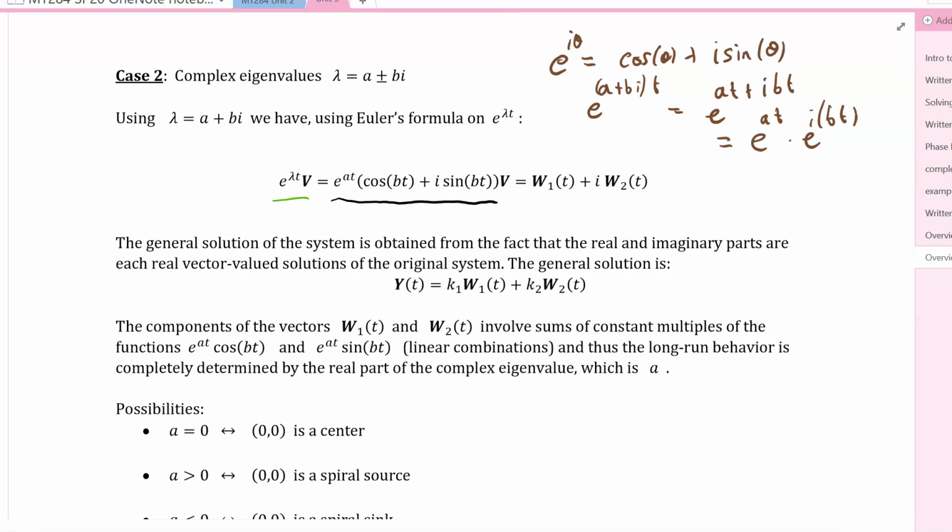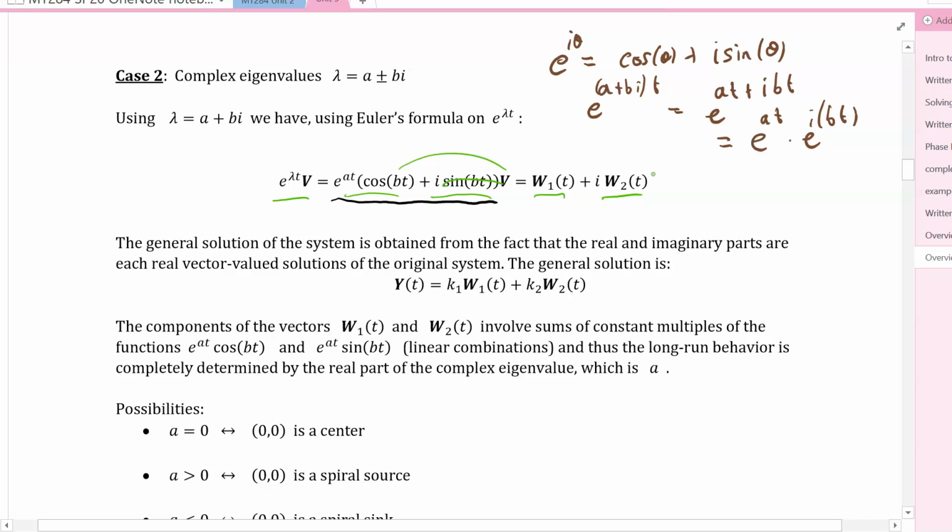After multiplying all of this out, we can multiply the e to the at cosine bt part and the i e to the at sine bt part through into the constant eigenvector. That's going to lead us to decompose it as a real valued vector function of t, plus i times another real valued vector function of t.